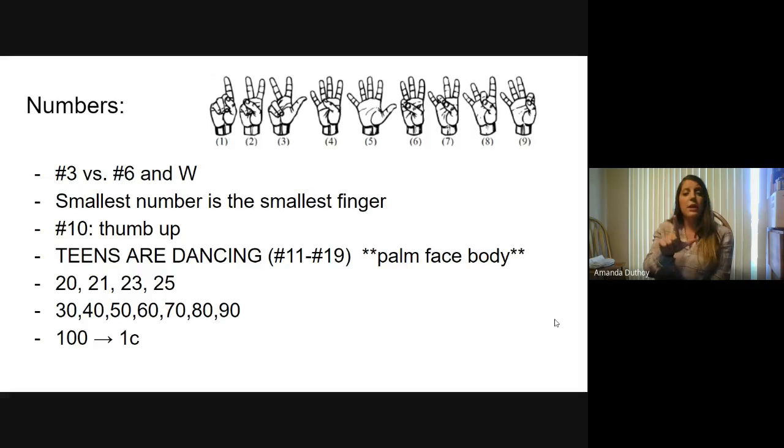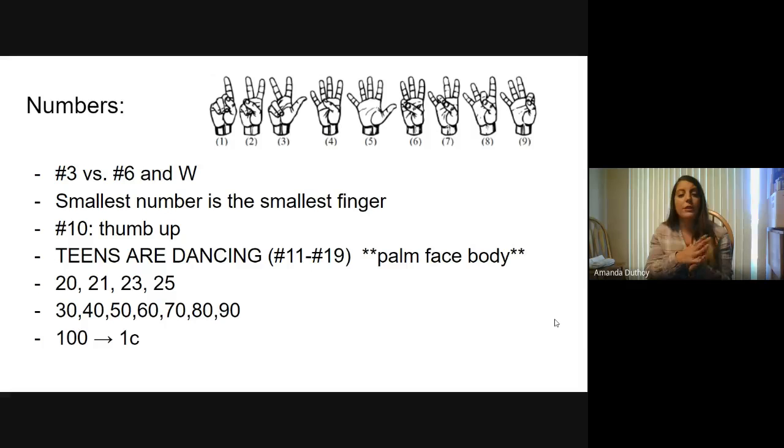If I do L-3, it's kind of like a little shake, right? So that's where that comes from. Then 25. Basically for 20 to 29, you can do L or a 2. But make sure you know 20, 21, 23, 25.